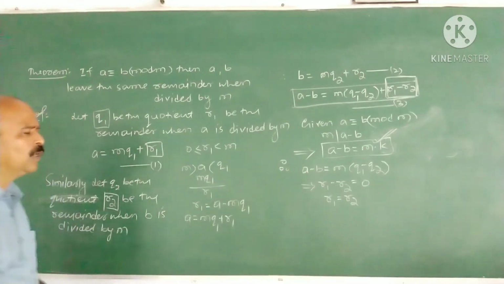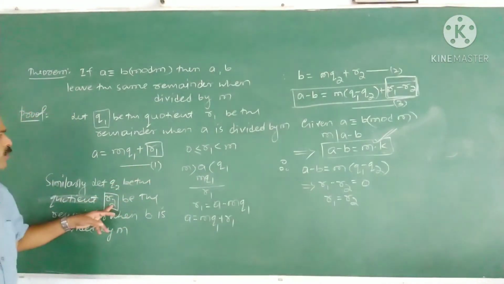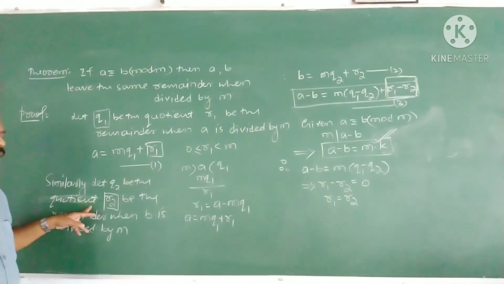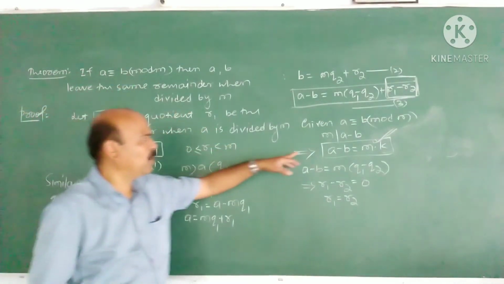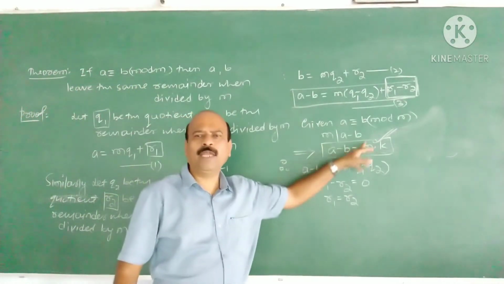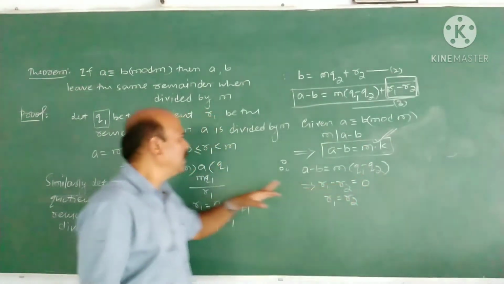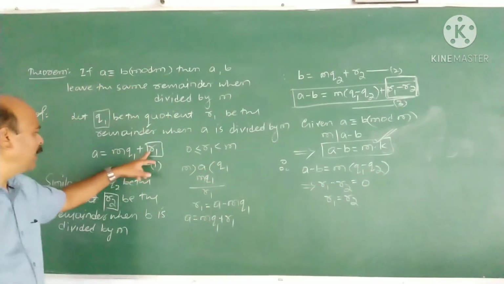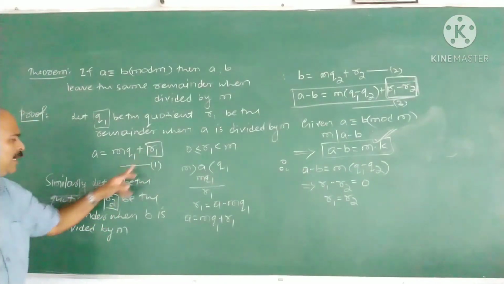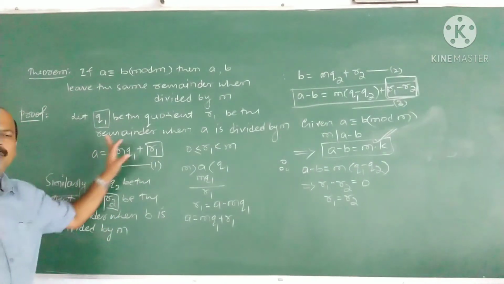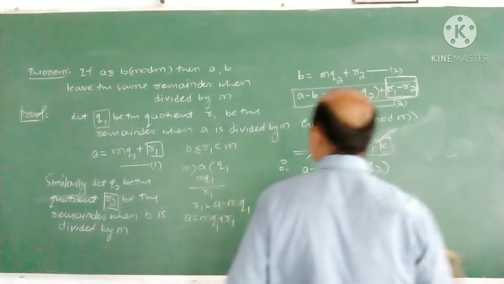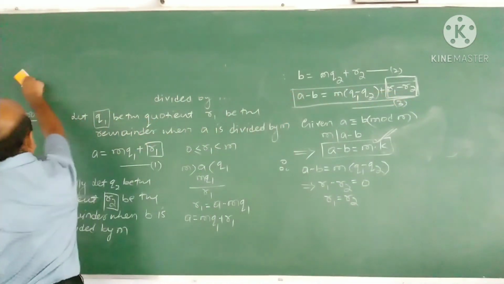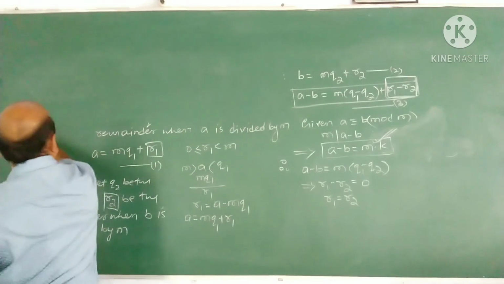What are R1 and R2? They are the remainders when A and B are divided by M. So, if A is congruent to B mod M, then A and B leave the same remainder when divided by M. We may use this result in future while studying number theory.